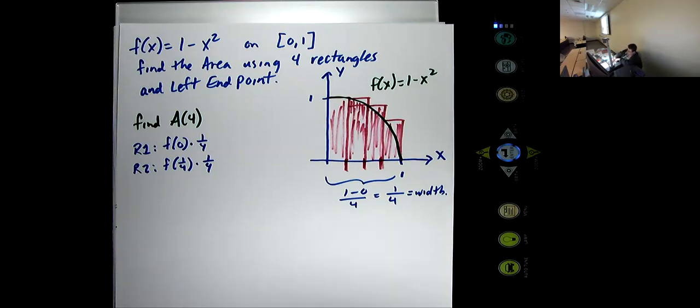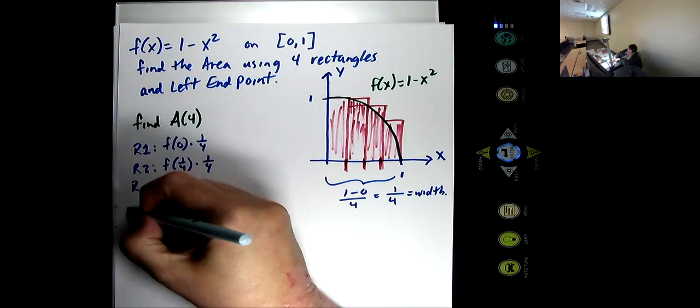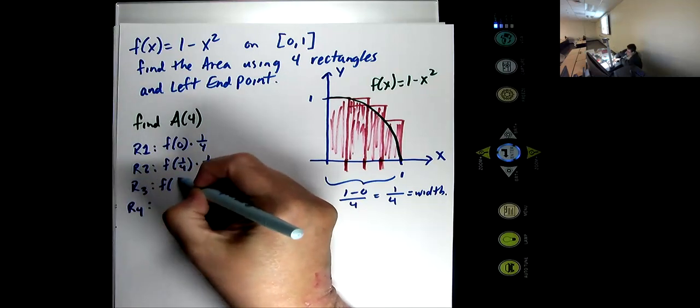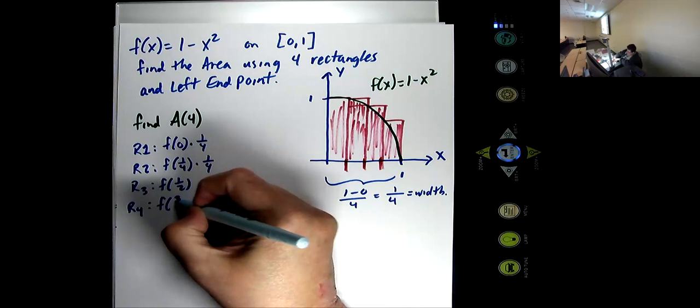Right, so we got R3 and R4. This would be f at 1/2 and f at 3/4.